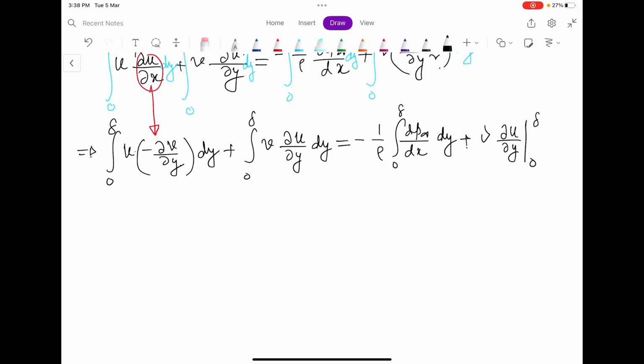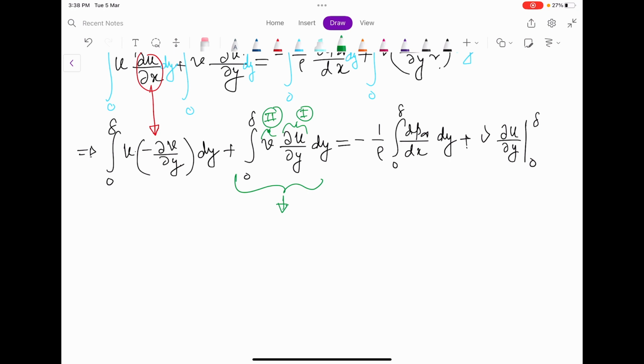Now let me work with this term. I can do the integration by parts. I can reduce the order of derivative del u del y by integrating that. So this will be my first function and this will be my second function.